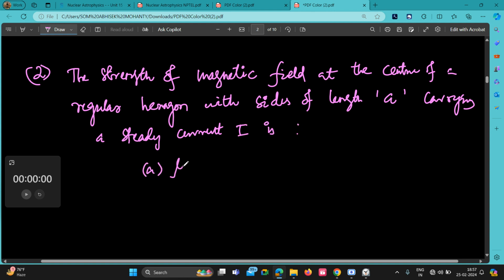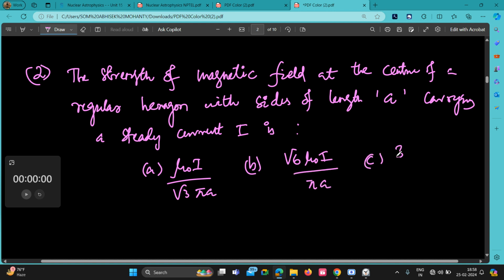Option A, mu naught I by root 3 pi a. Option B, root 6 mu naught I by pi a. Option C, 3 mu naught I by pi a. Option D, root 3 mu naught by pi a.